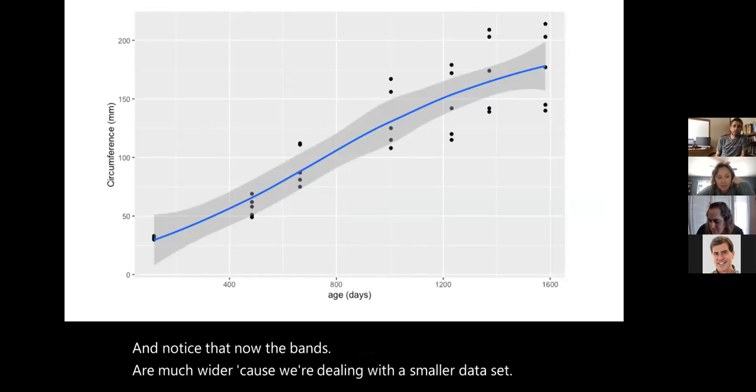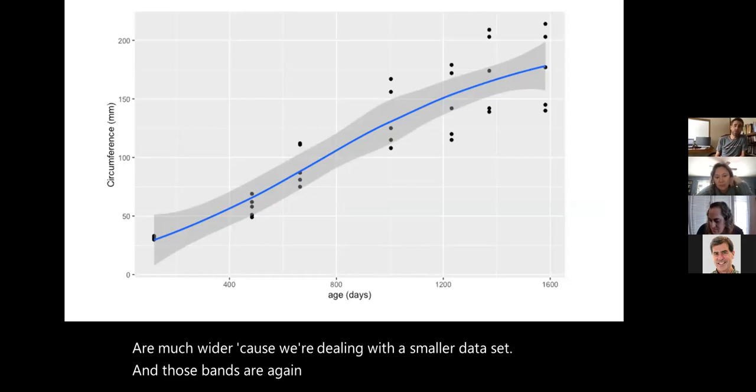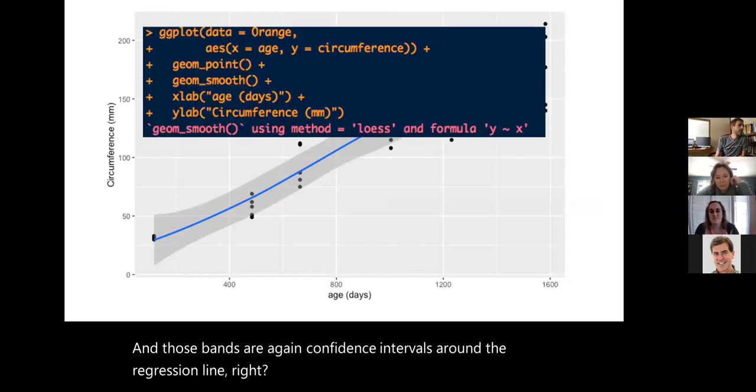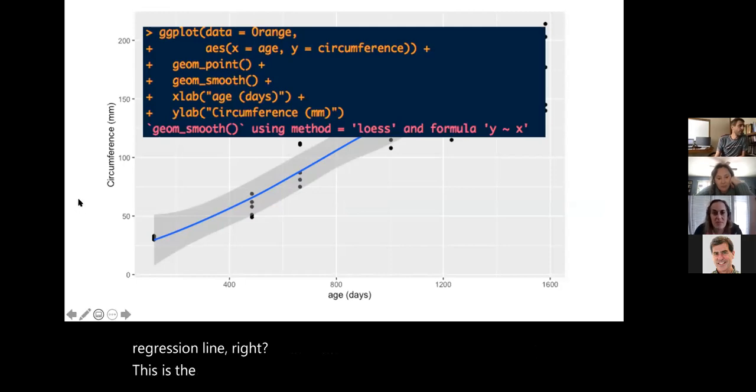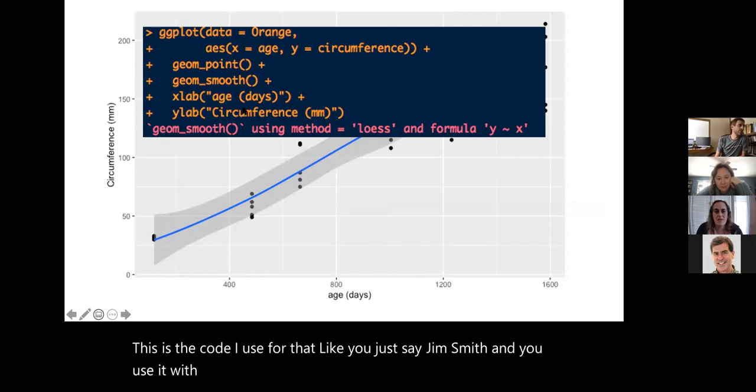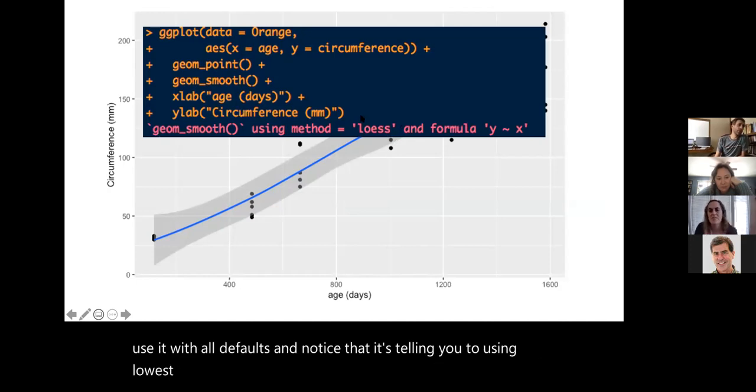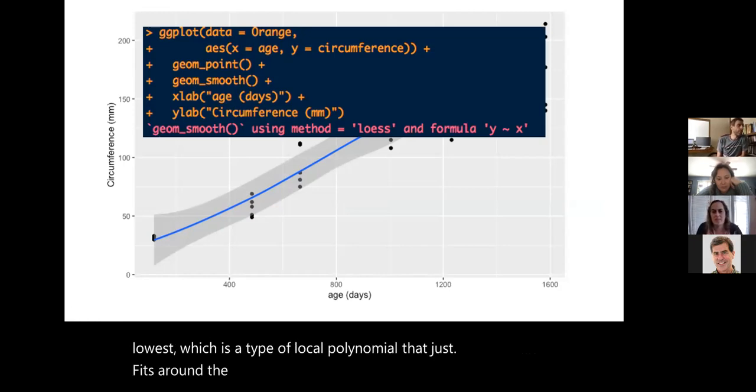And those bands are, again, confidence intervals around the regression line. This is the code I use for that. You just say geom_smooth with all defaults, and notice that it's telling you it's using loess, which is a type of local polynomial that just fits around the data.